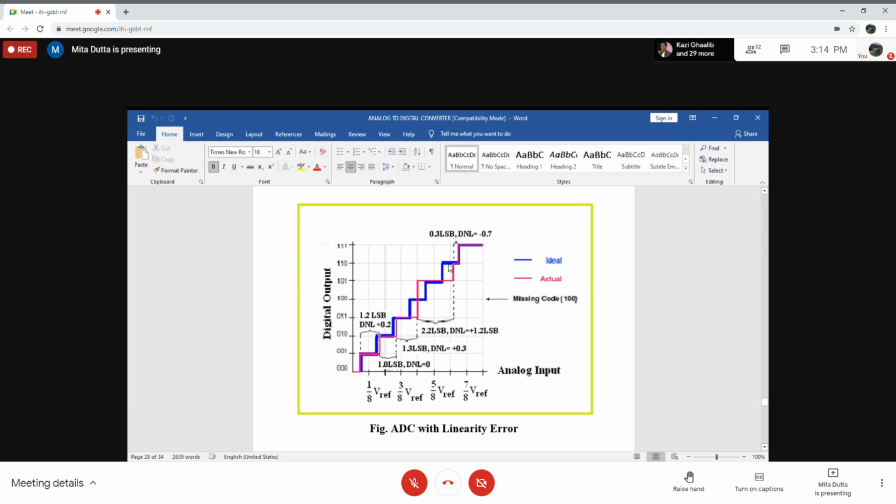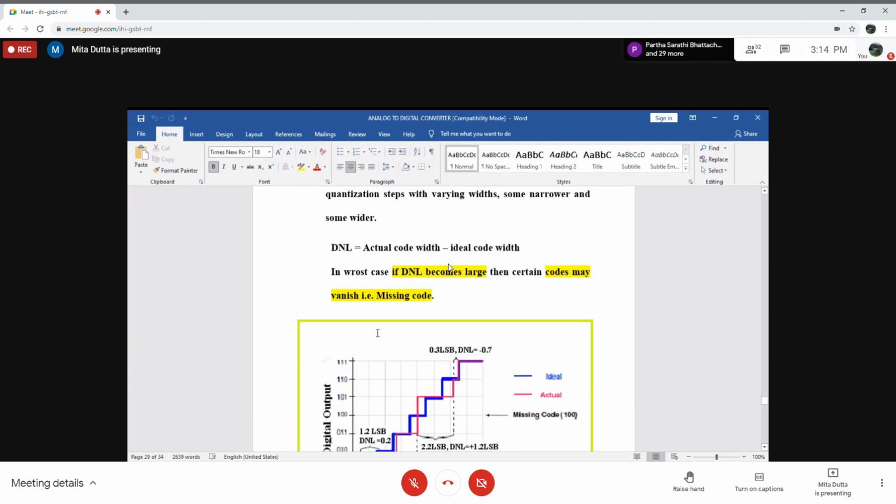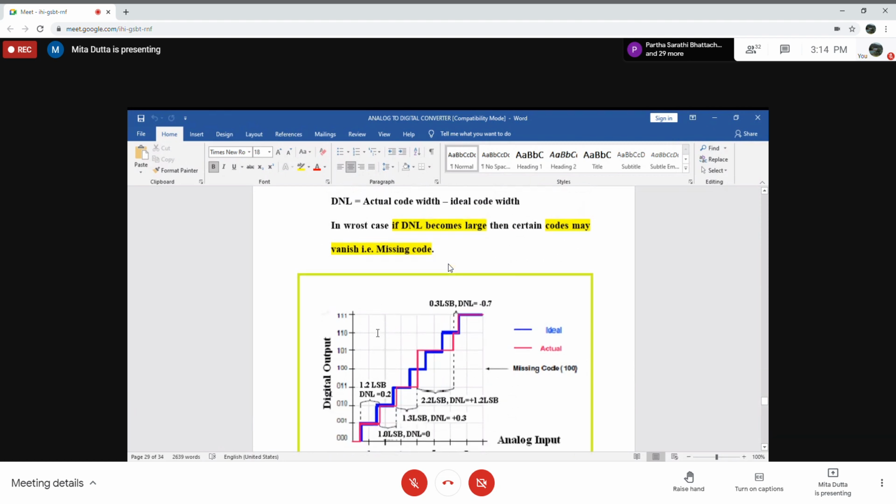Now here, for the blue one, which is the ideal one, the quantization step will be equivalent to 1 LSB, and for the pink one, which is the actual, it is also 1 LSB. In the previous step, it has an error of 0.2 LSB, which is the actual code width minus ideal code width.